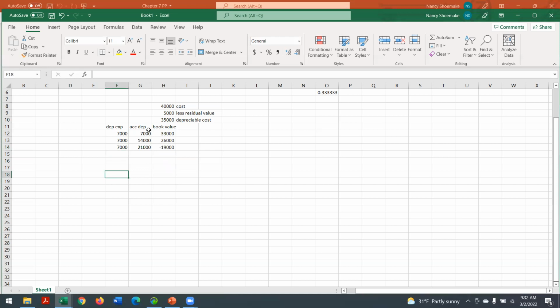After the third year, do you see how we know that the book value is 19,000?